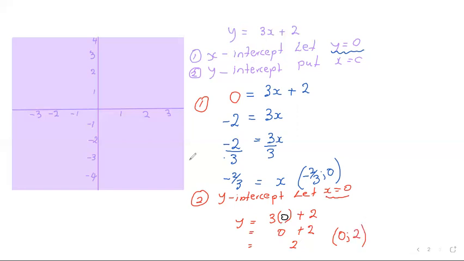We can draw that x is 0, y is a 2, and x is negative 2/3, somewhere there. And we can join the dots.